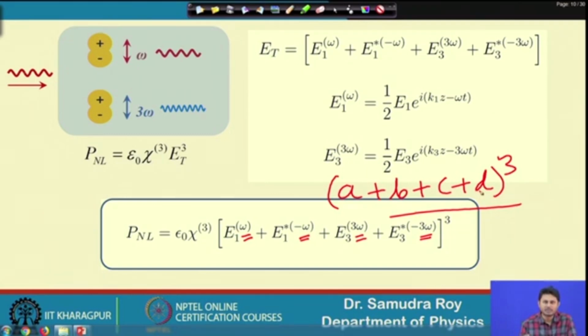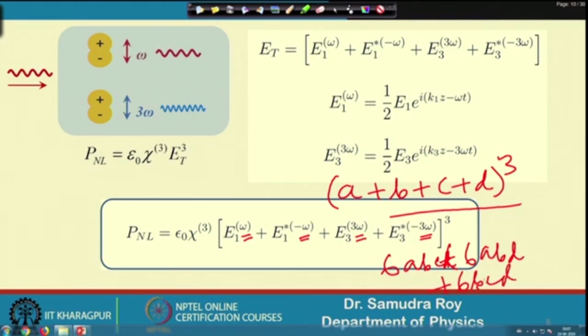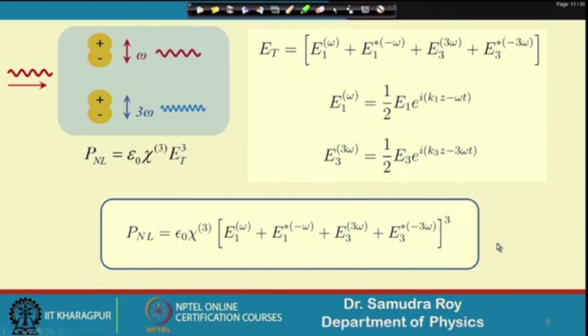So all the combinations will be there, and also one more combination: 6 of A B C, plus 6 of A B D, plus 6 of B C D. This kind of component is there. A B C are 3 different components, so that is why 6 is there. A B D are different components, that is why 6 is there. So for all different components we have a degeneracy term of 6, which we have already discussed in the previous slide.